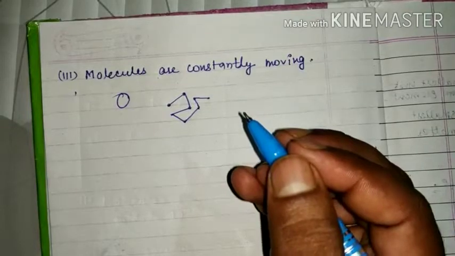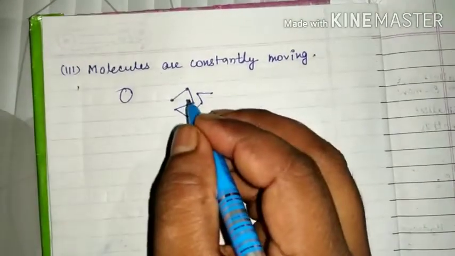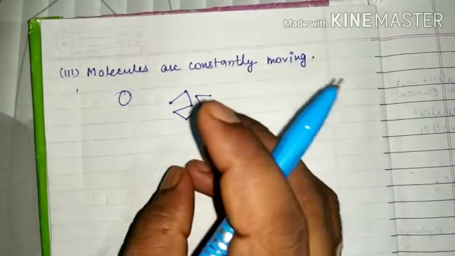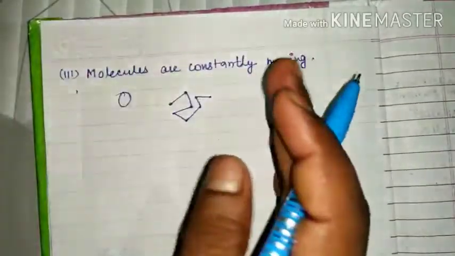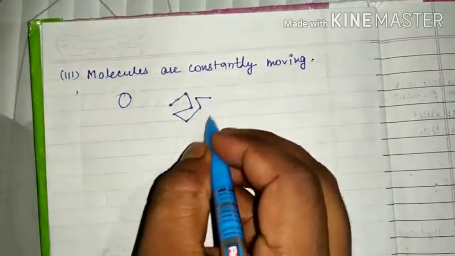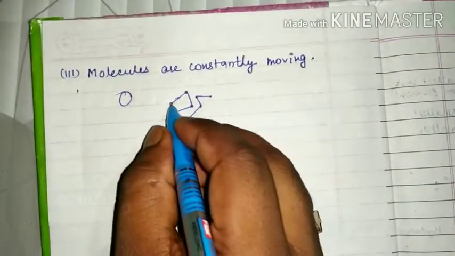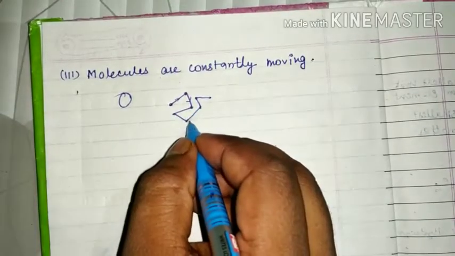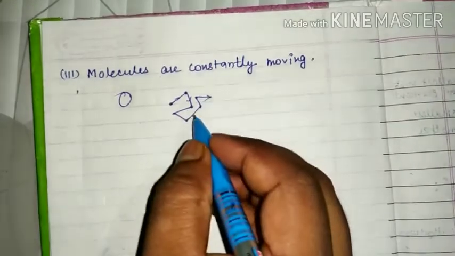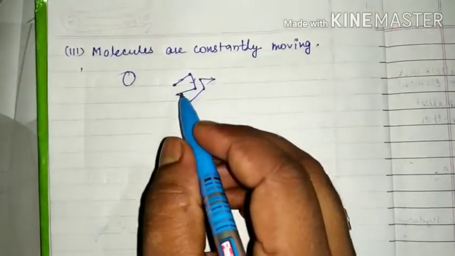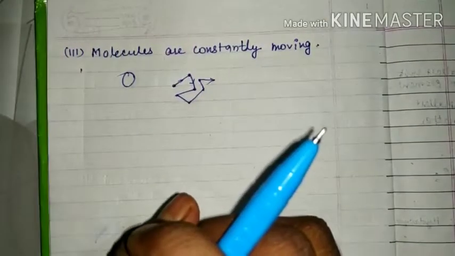By random motion, the molecules have no fixed path. They move in this direction, again this direction, this and this. So the motion of molecules is random motion.